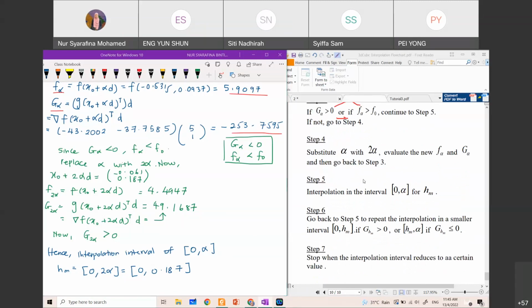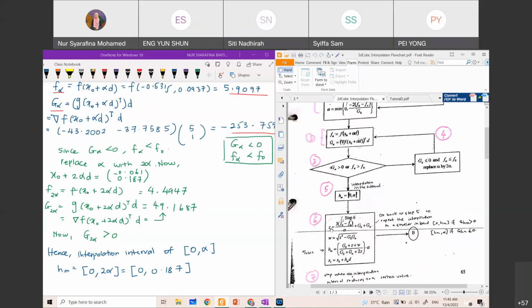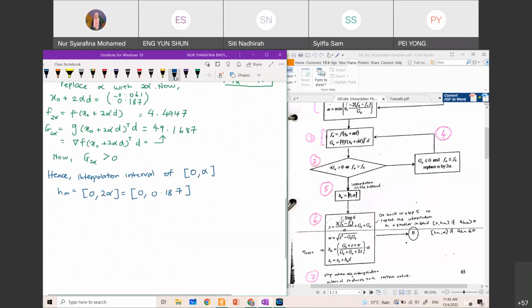Once we have our HM, step number 6, we need to calculate our Z, W and X1. Proceed with step number 6, which is to find Z equals 3 times (F0 minus F alpha) over alpha plus G0 plus G alpha.